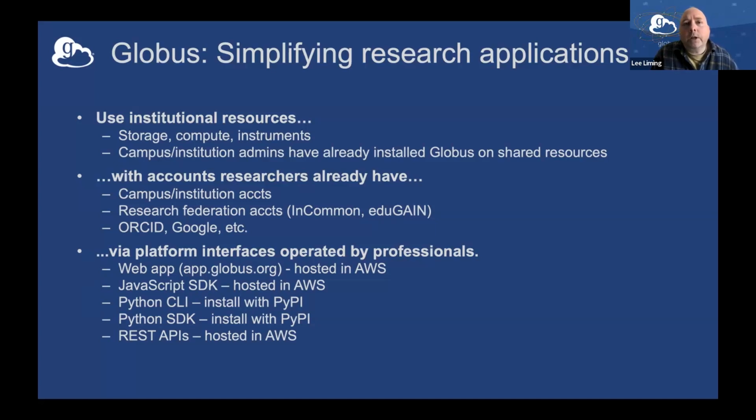So if you have a shared compute system on your campus or shared data storage on your campus for research computing, there's a very good chance that your administrator has already installed Globus on that system, and you can use it without doing any software installation just by using either our web application or our APIs and the services that we offer.